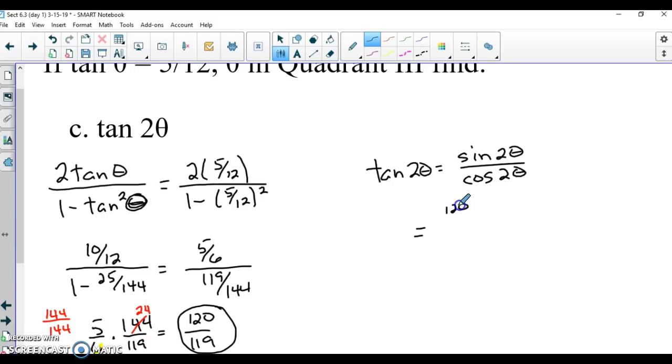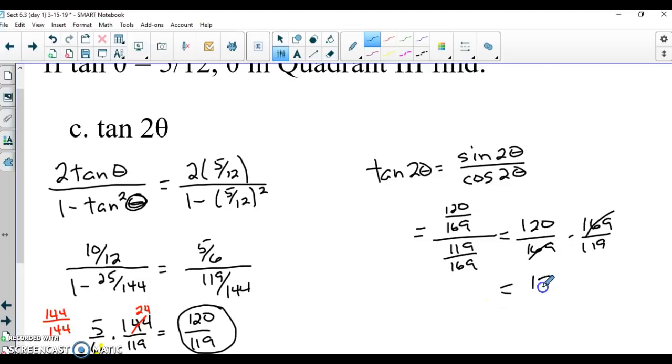So I could have made that 120 over 169 divided by 119 over 169. Well, if I multiply my fractions, then 169's cancel, and I'm going to be left with 120 over 119. Same thing. Doesn't really matter which way you do it. If you have the sine and cosine, you can move immediately to there, or you can use a tangent formula.